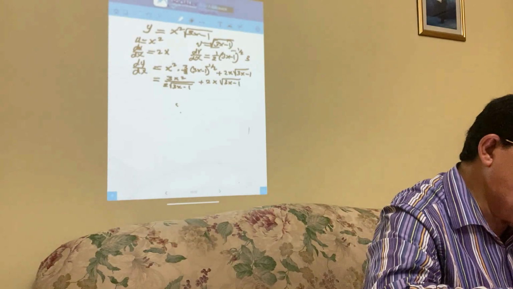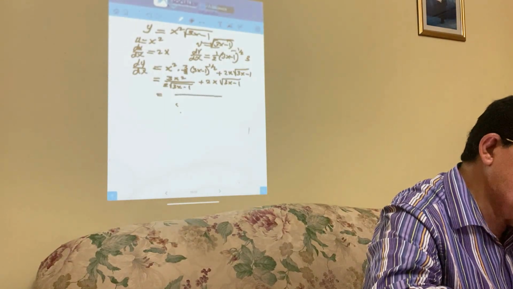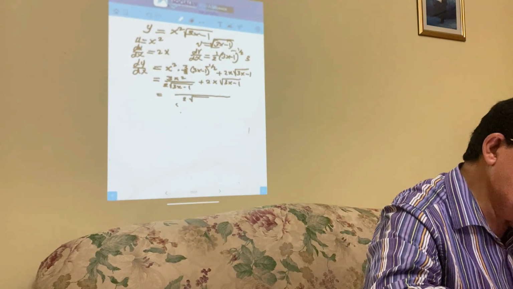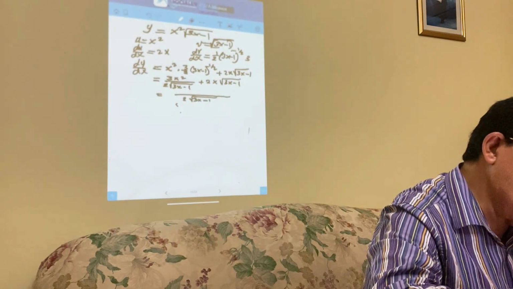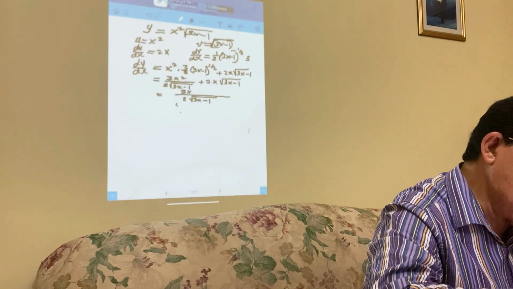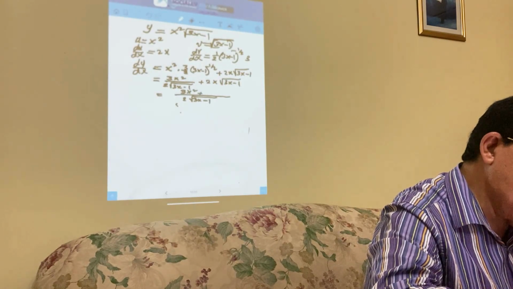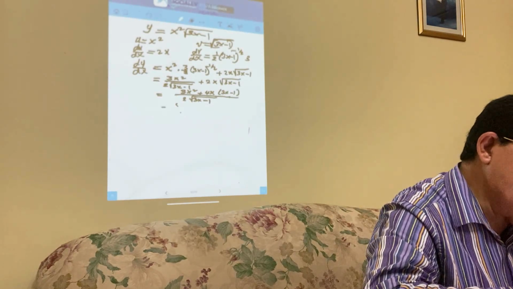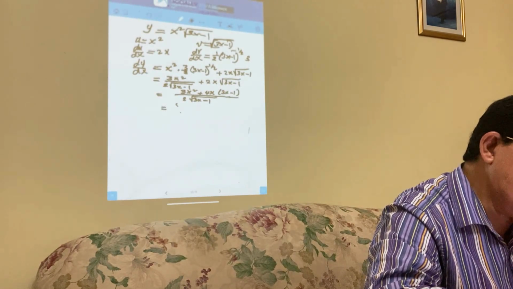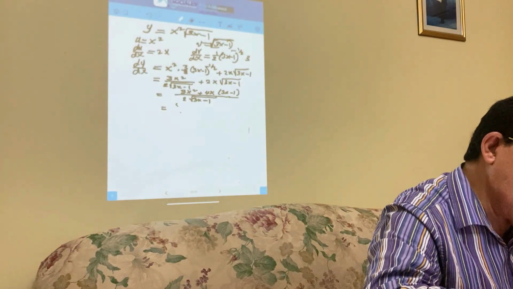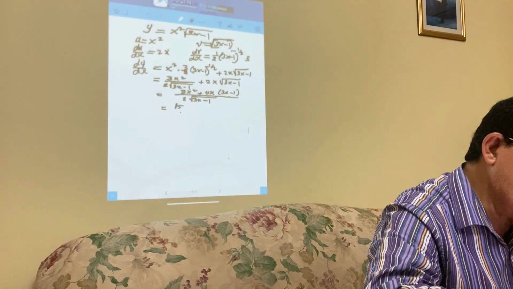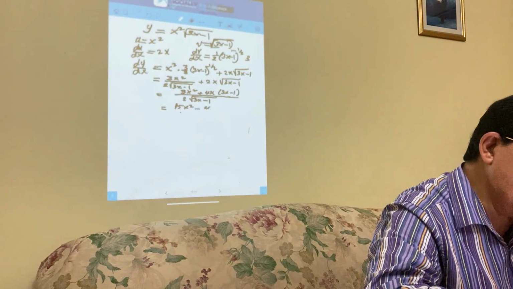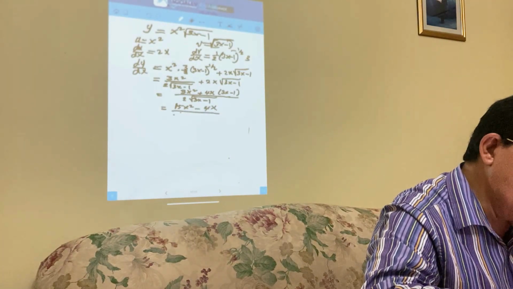Or you can simplify it more into 3x squared plus 4x times 3x minus 1 over 2 root 3x minus 1, which simplifies to 15x squared minus 4x over 2 root 3x minus 1.